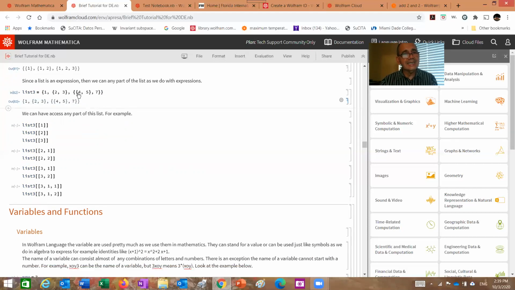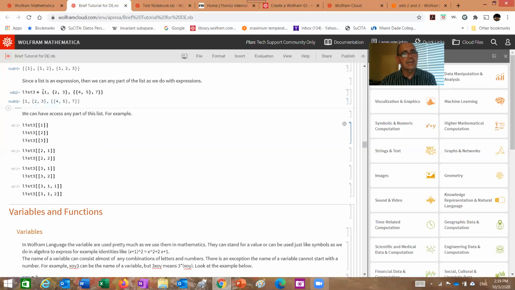Now, for that list, I can get any parts as I did with the expressions. For example, you want to get the first argument of the list, the second argument. The first element of the list is 1. The second element is the list formed by 2 and 3. The third element is the list formed by one list, which is 4, 5, and another element, which is 7.